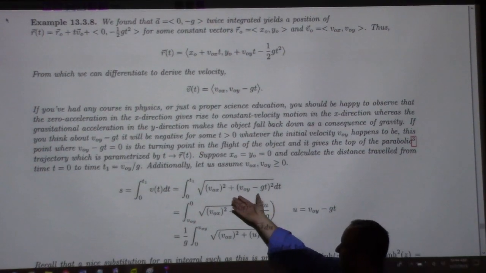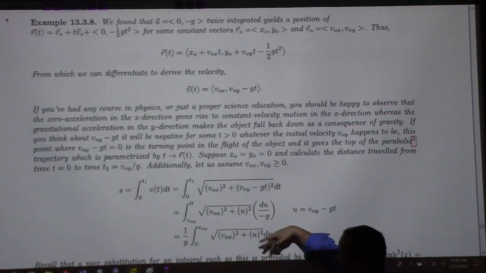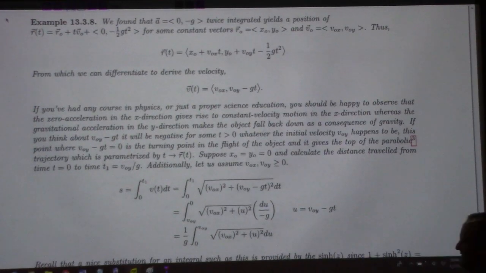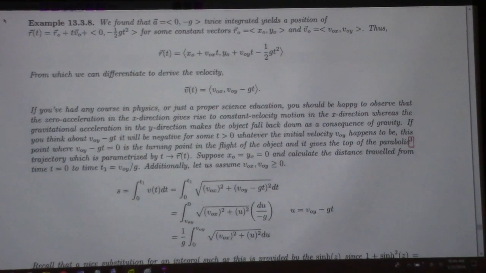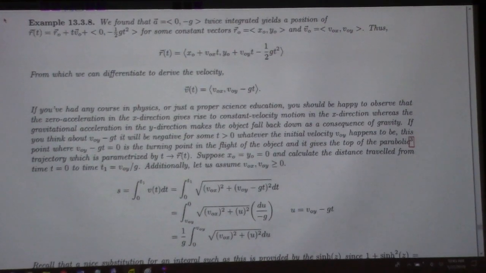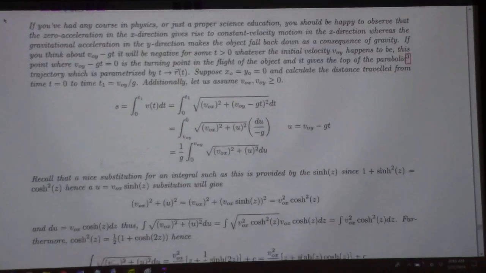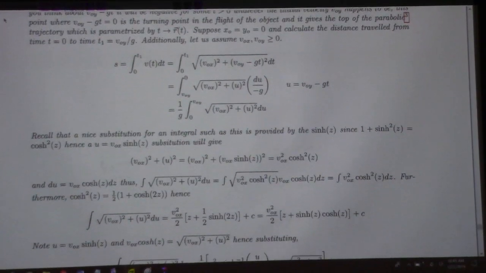I'm solving the integral. This integral that I'm doing here is just not something you know how to do at the moment, all right? So we learn how to do that kind of integral next week, actually. But this integral is actually a little bit much even then.